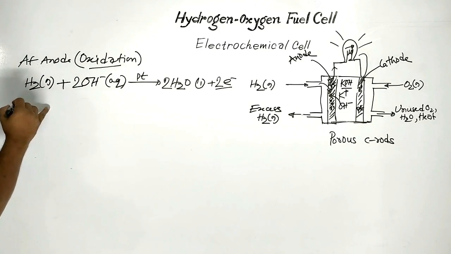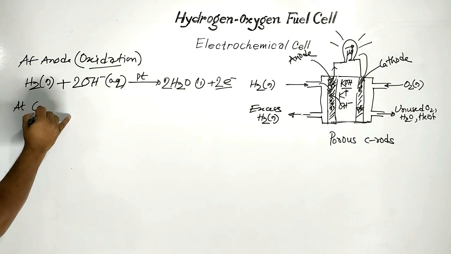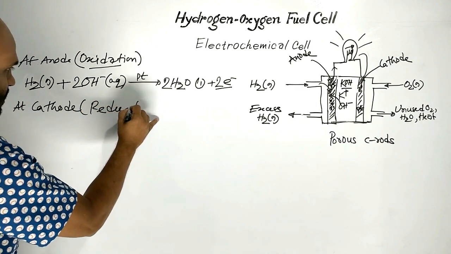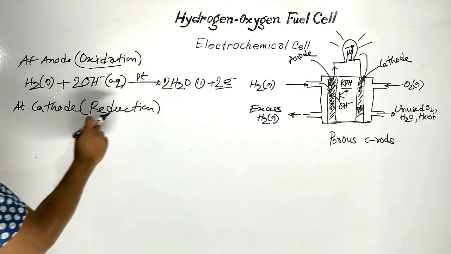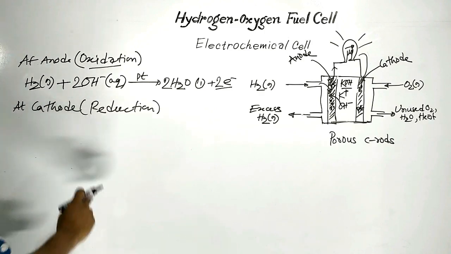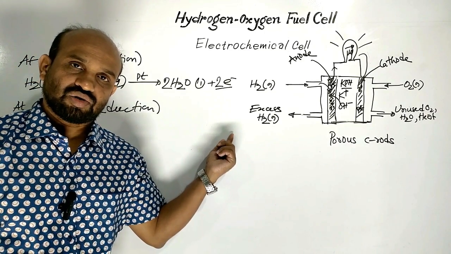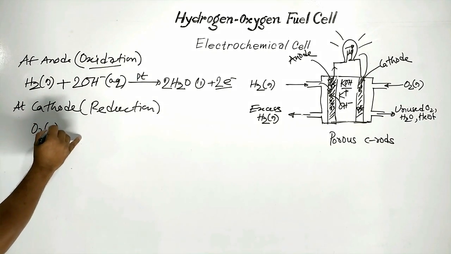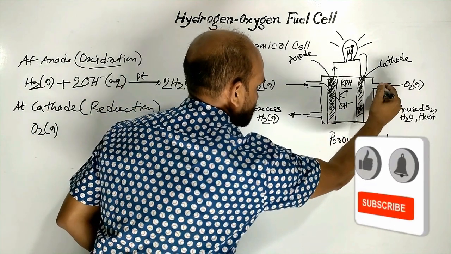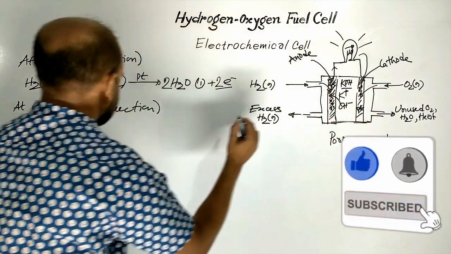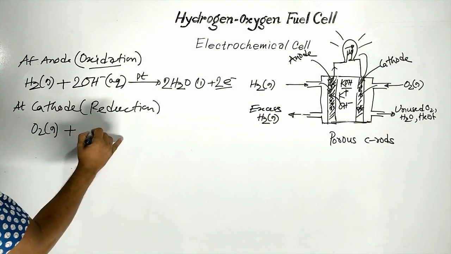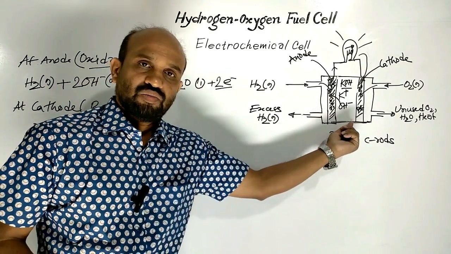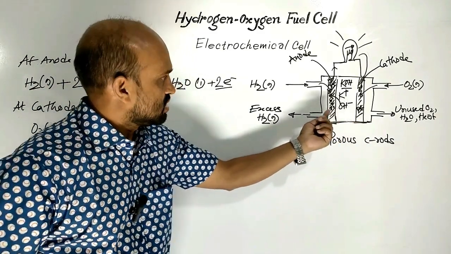Here at cathode, reduction occurs. Consumption of electrons occurs in this way. Oxygen gas, here this oxygen gas reacts with water from electrolyte.